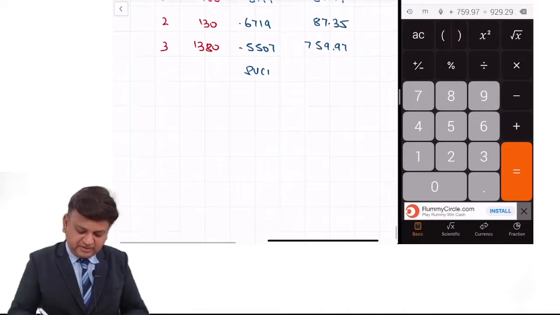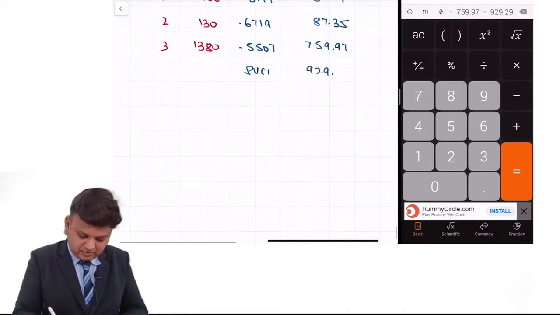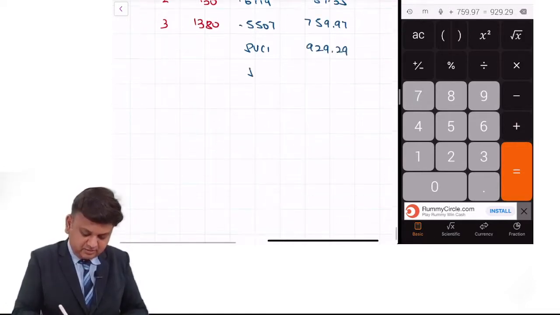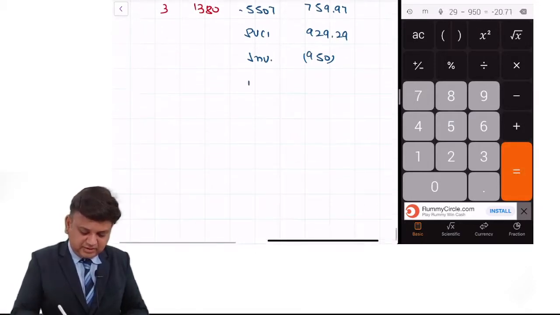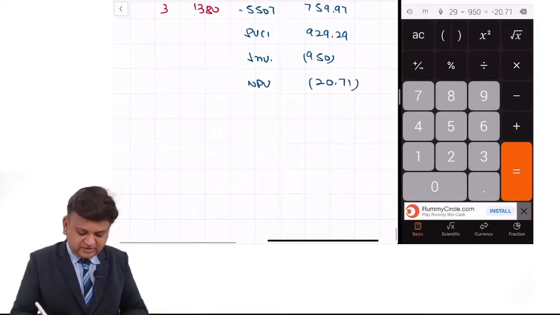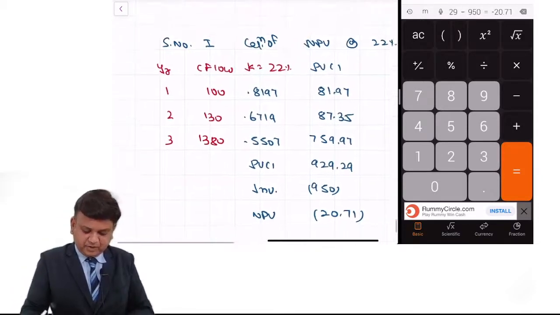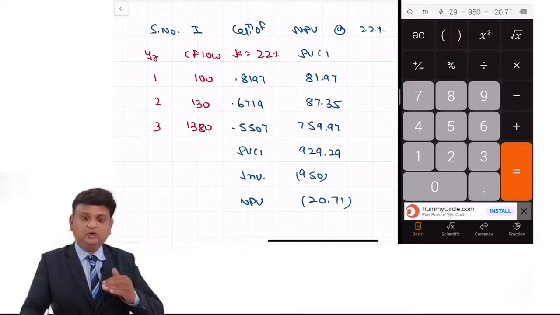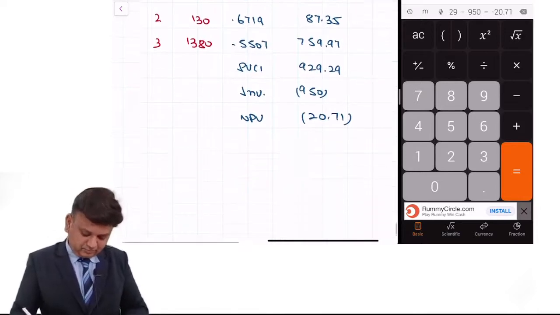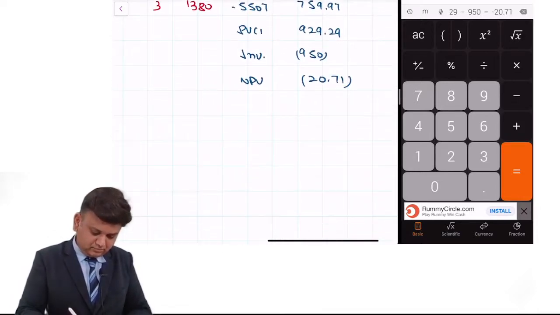So 929.29. Investment is 950 because the security is issued at discount. So NPV is still negative. It is 20 rupees 71 paise. So we understand that we are required to calculate the NPV once again using the rate lower than 22%.